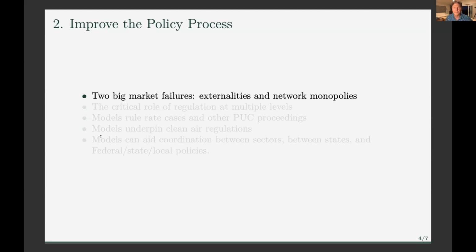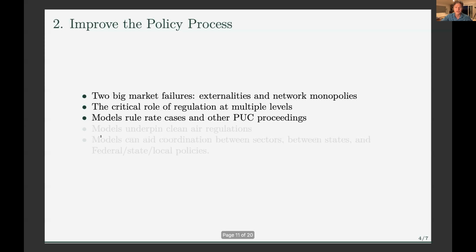Regulation is critical. And what's going to guide regulation is these models. Models guide policy everywhere. So models have a critical role in regulation at multiple levels. At the very local level, they sit underneath all the rate cases. There's a model that's run, and they set allowed revenue for a utility. So you see that on the ground level, and Matthias has been on the front lines of that.